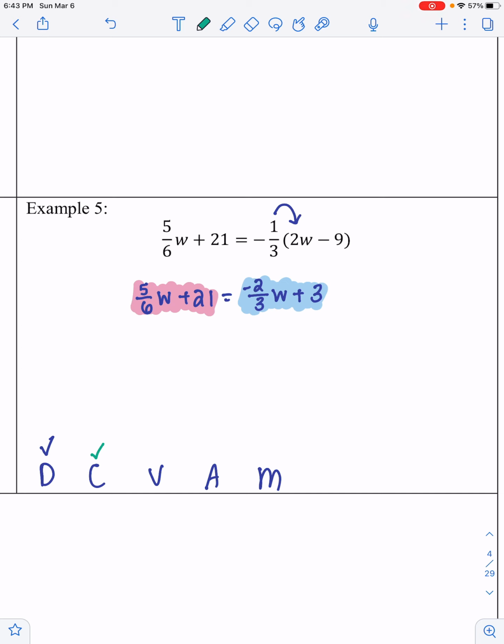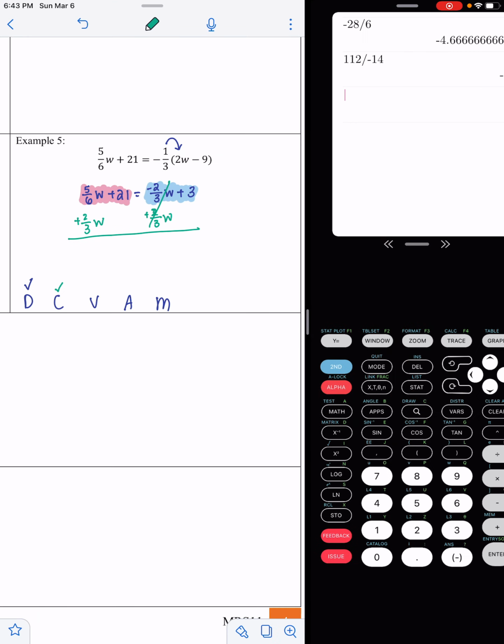Next step is to move our variables to one side, to our left side preferably. So I have negative 2/3 w. I'm going to add 2/3 w to both sides. And it's okay, just don't freak out just because it's a fraction. Let me show you what you do on your calculator. I have 5/6, so we do alpha y equals 5/6.